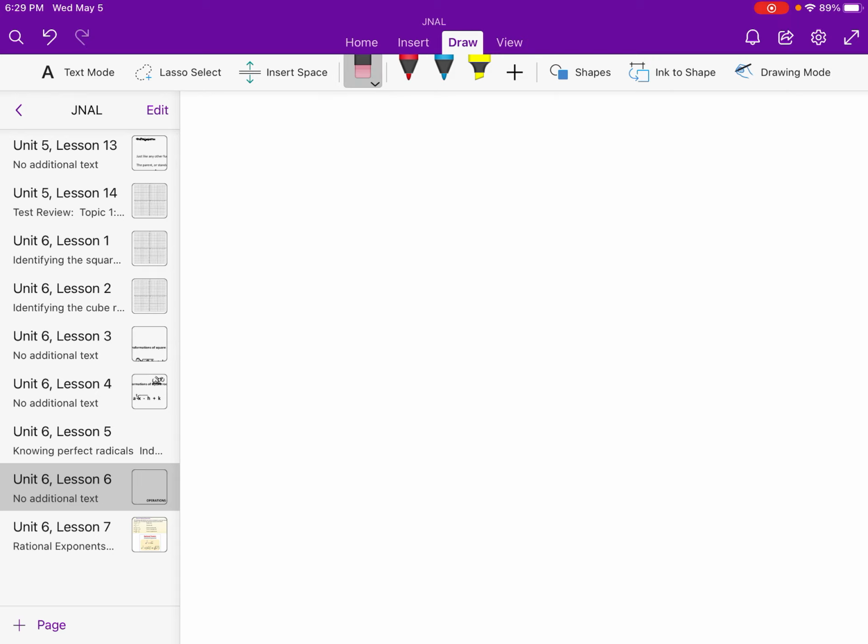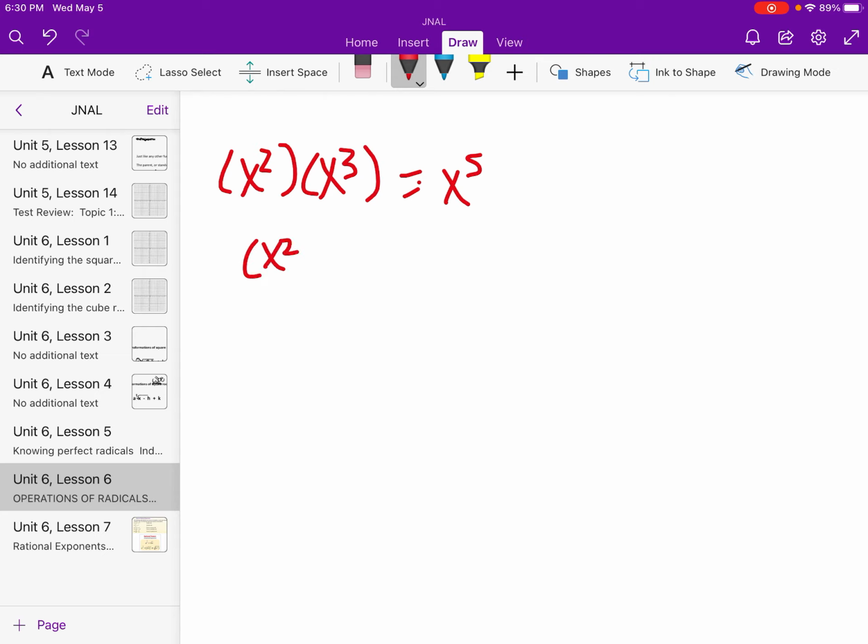I'm not doing a good example at all. Sorry. Now we have it. When you're multiplying the bases, the exponents add. When you divide the bases, the exponents subtract. So we see we had 2 plus 3 equals 5. We have 3 minus 2 equals 1.